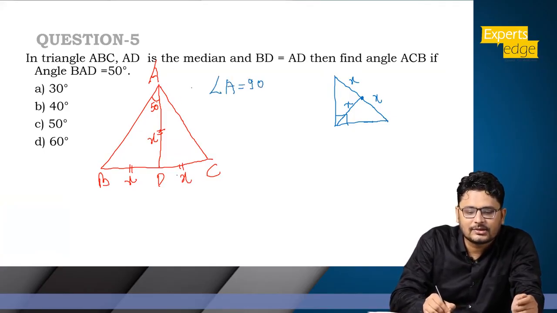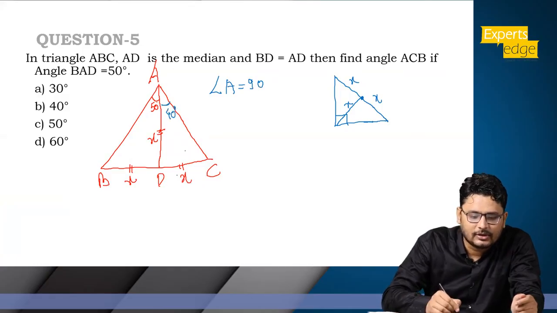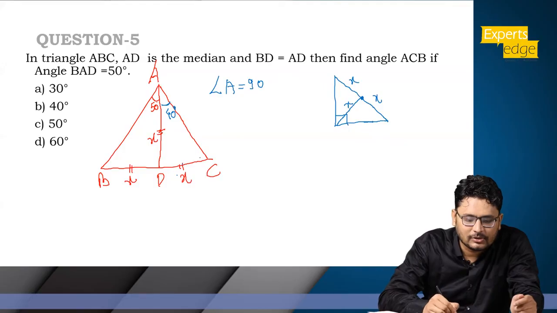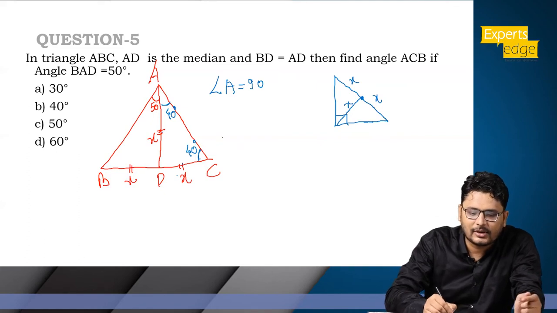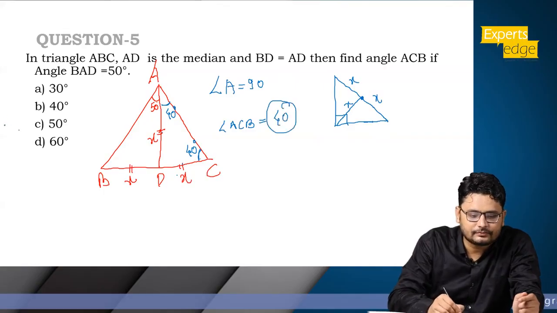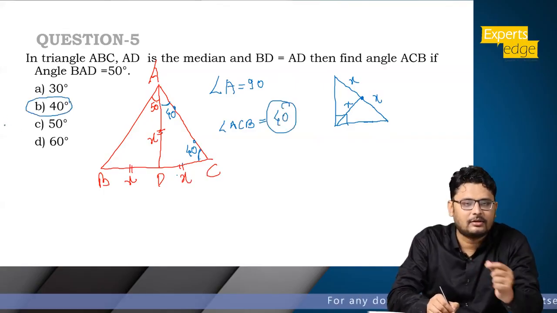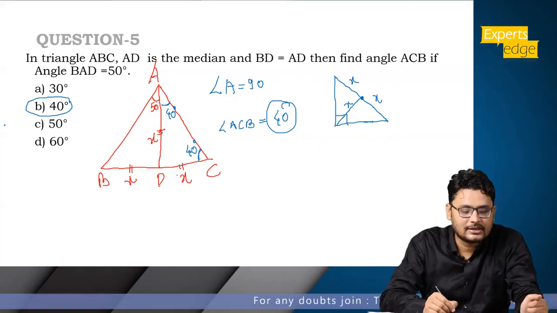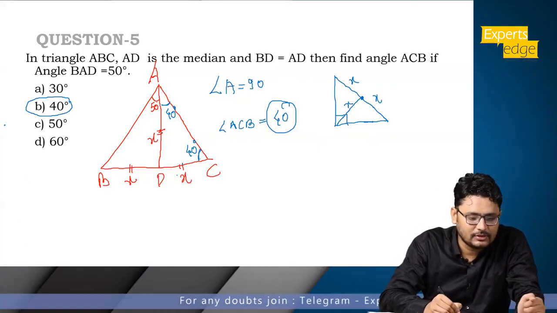A simple application. तो अगर ये 90 है तो ये angle कितना होगा? 40 degree. So if opposite to x is 40, तो ये opposite to x भी, ये भी angle 40 degree होगा, right? What is he asking? Angle ACB, yeah, same angle. So angle ACB should be nothing but 40 degree is your answer. Okay, so I hope this is clear. Pretty important and a basic concept, but please remember this. Let's go to the next one.